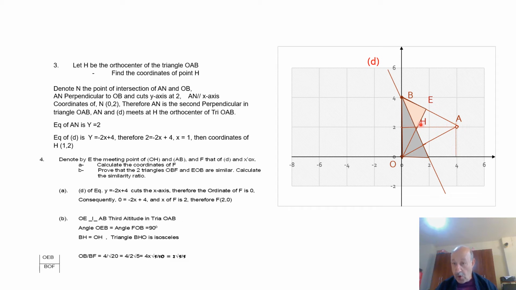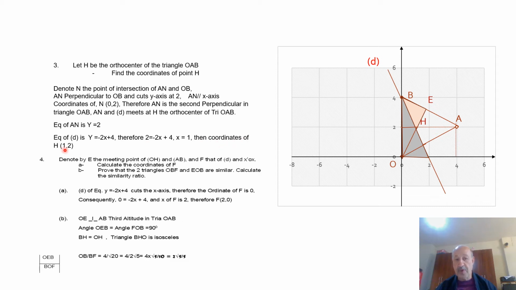So the ordinate of H is then 2. Okay, so y equals 2. Therefore, H also belongs to D. We found the equation of D, which was y equals -2x plus 4. Let's substitute y equals 2 into y equals -2x plus 4, and we can find the abscissa, x equals 1.